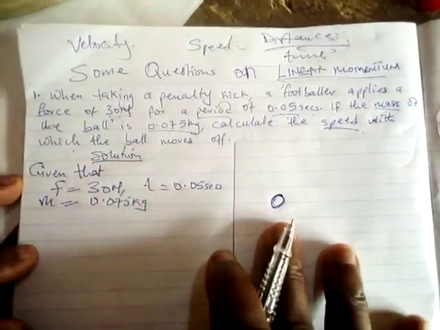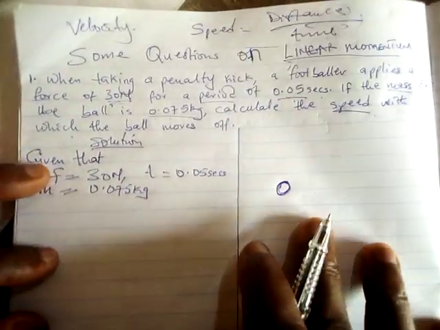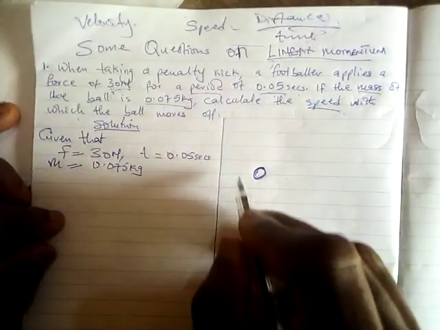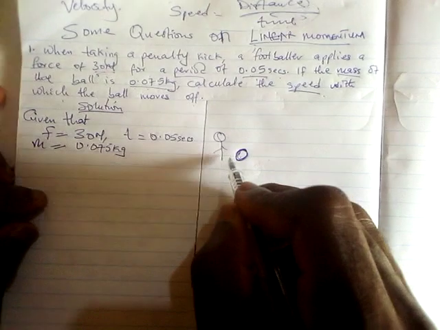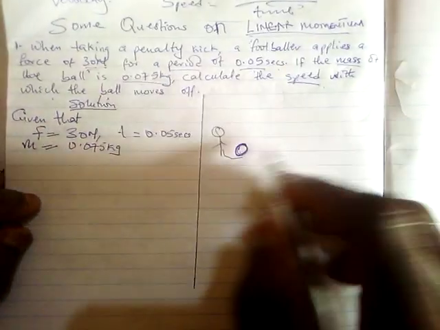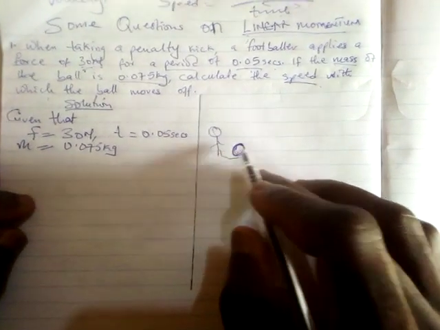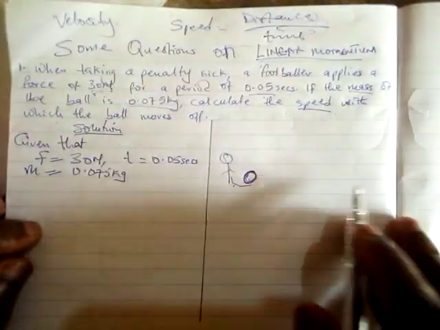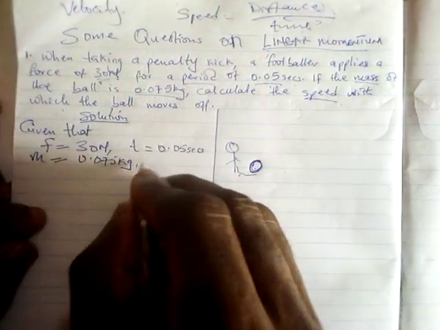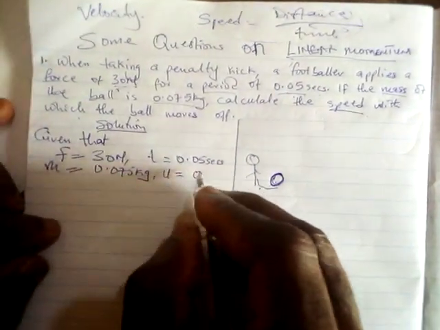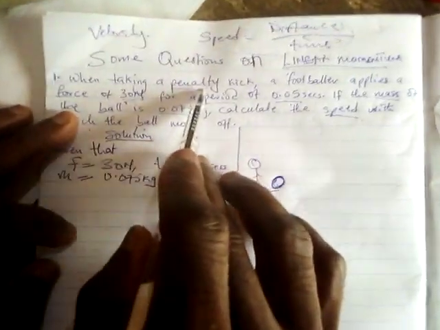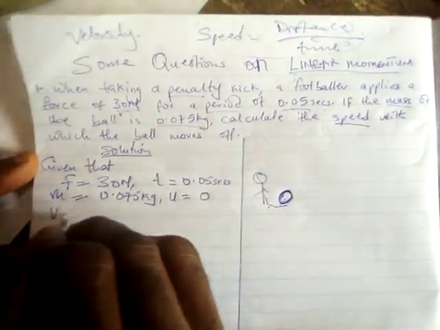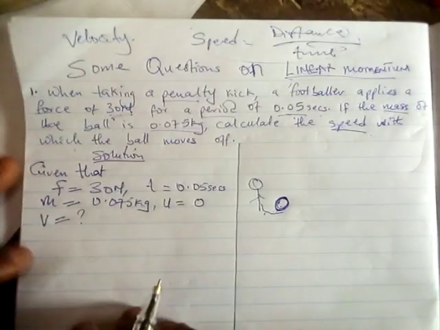And when something is at a state of rest, the initial velocity is zero. When the footballer kicks the ball, it moves on. Now they want you to calculate the final velocity with which the ball moves off. So our initial velocity U equals 0 because it was a penalty kick, so the ball was at rest.